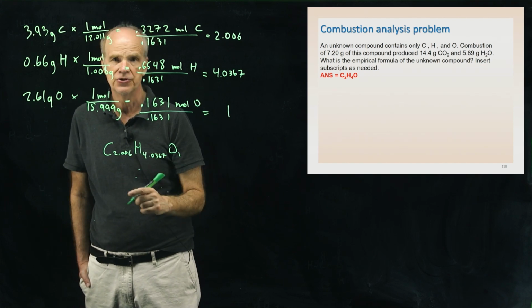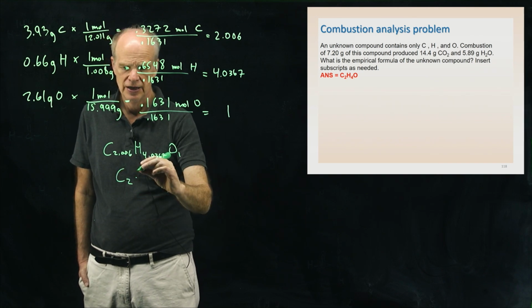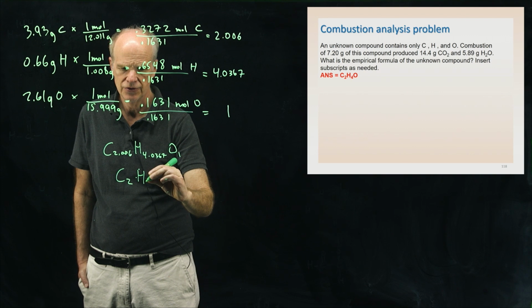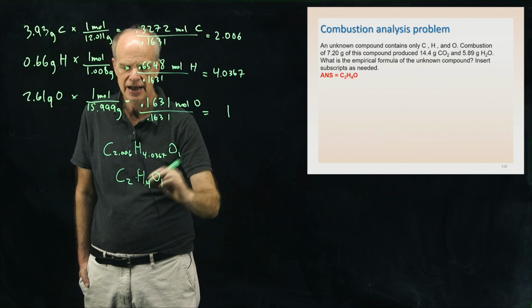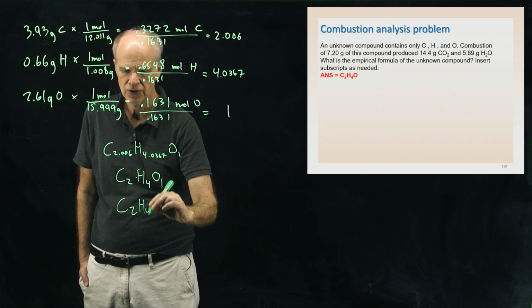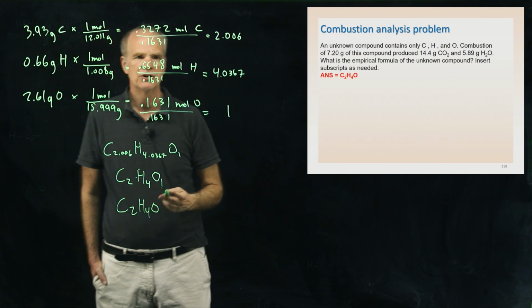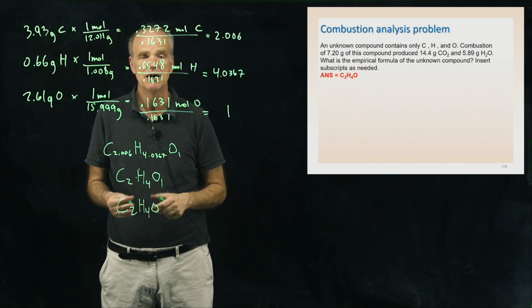So 2.006 is very close to 2, so there are 2 carbon atoms. Hydrogen, there are 4 of those, and then there is 1 oxygen atom. So the empirical formula should be C2H4O.